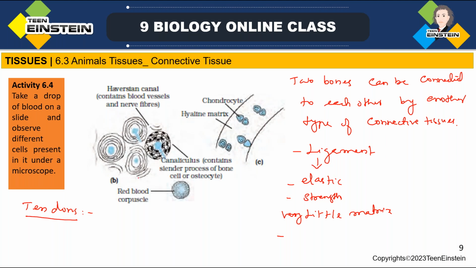Here you can see, bones are strong, we said. But when we come to the ligaments, it is elastic, slightly flexible. As for strength, it has considerable strength. But the matrix, it has very little matrix. And the tendons connect muscle to bones.